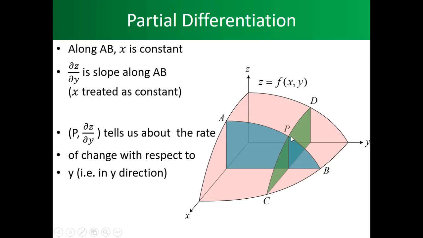What does this tell us about the rate of change with respect to y, in the y direction? So as we make this change, this is going to change as it is in the y direction. Okay, this is the y direction.